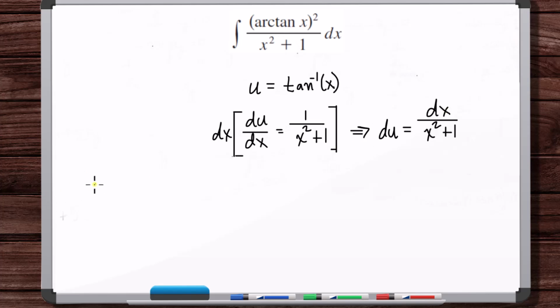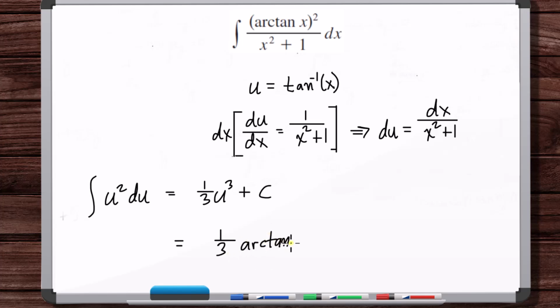Now we can make the substitution. So what we've got is u squared du, just like that. So this is 1/3 u cubed plus c. So this is 1/3 arc tangent x cubed plus c.